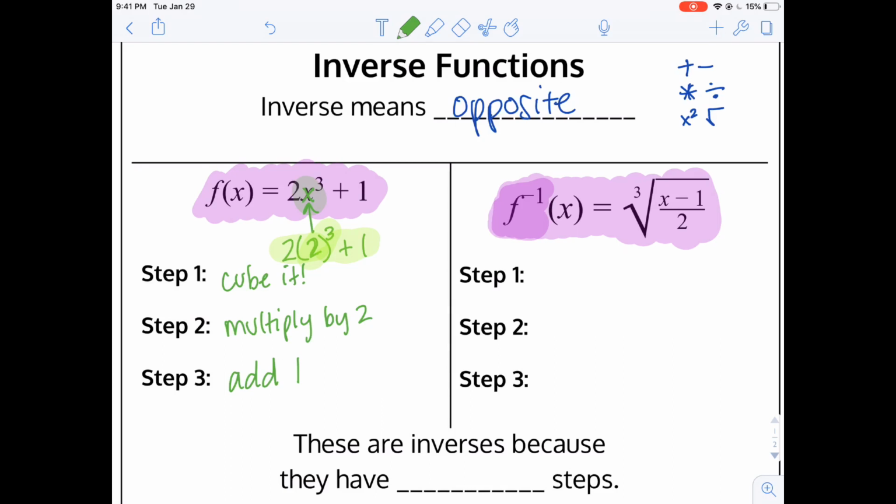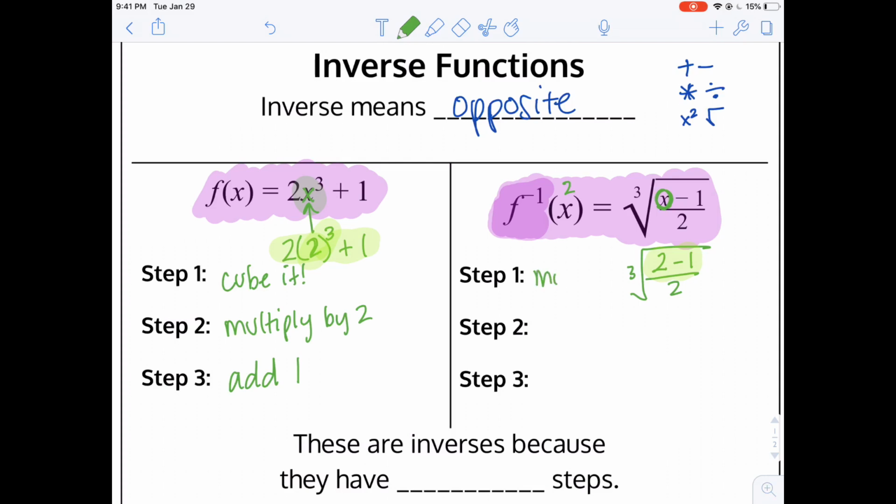The same thing would be true if they gave me a number for x here. Let's say they gave me the number 2 again. So I'd say 2 minus 1 over 2, in that cube root. The first thing I would do is 2 minus 1.